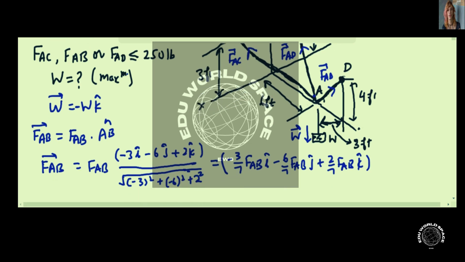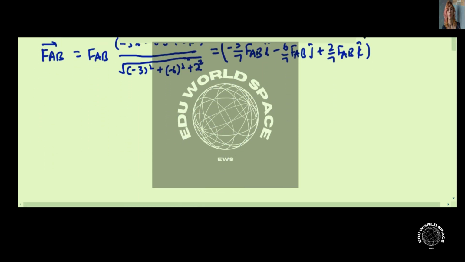Now we have to write the FAC force, which is the product of the magnitude of the AC force into its unit vector. You should follow the figure.